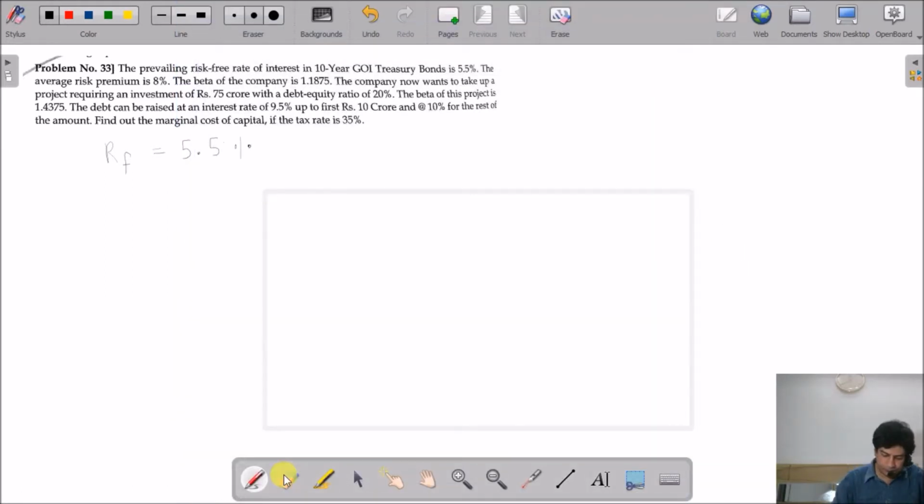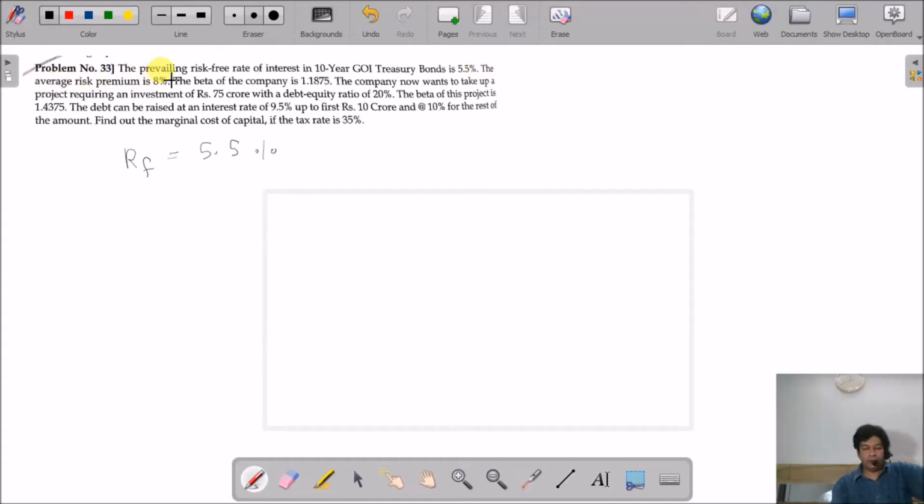Okay, so let's see. So the risk-free rate they have given to us is 5.5%, which is here. Then the average risk premium is 8%.